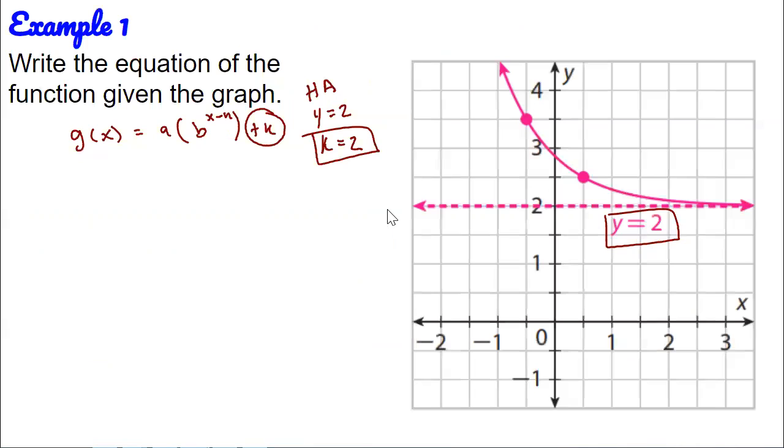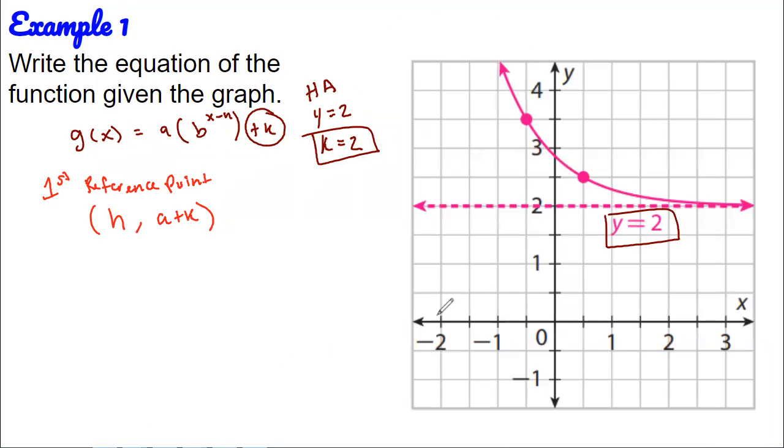So I'm going to write that down. First reference point. I spelled point wrong. There you go, point. It's going to be at h and a plus k.